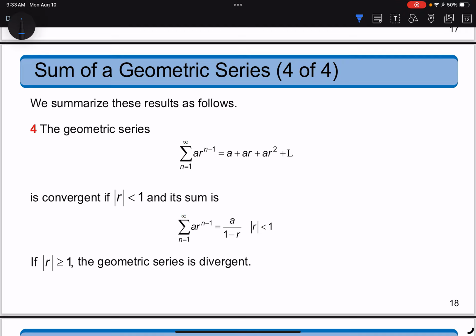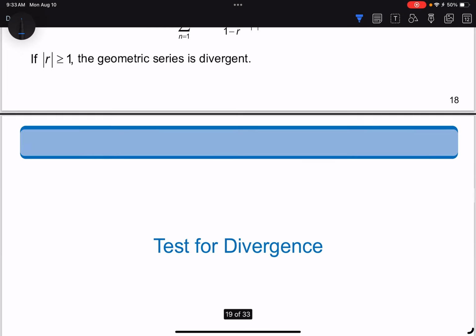And if the absolute value of r is greater than or equal to 1, the geometric series is divergent. So there is no sum if the absolute value of r is greater than or equal to 1.